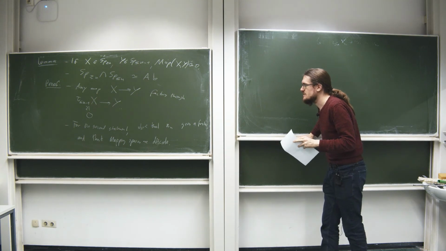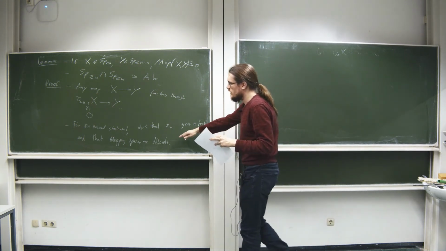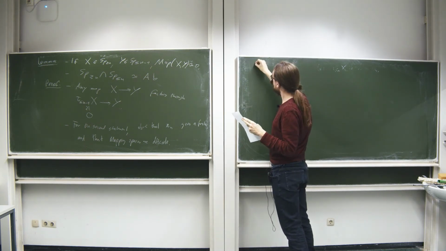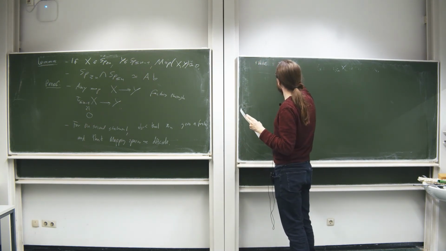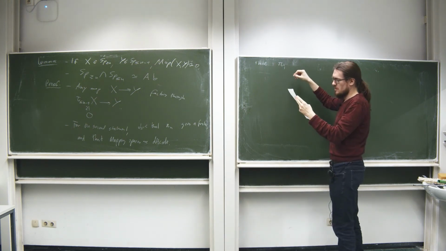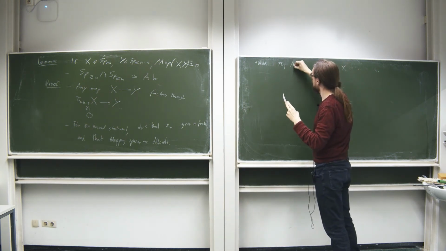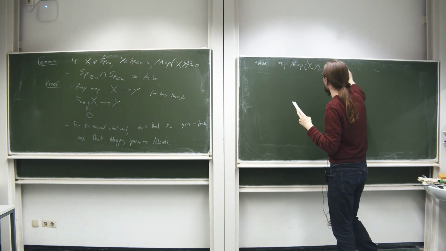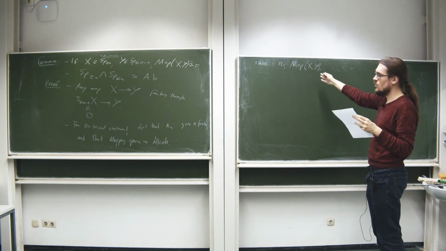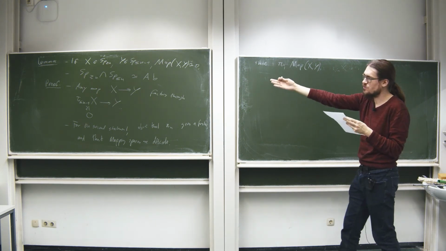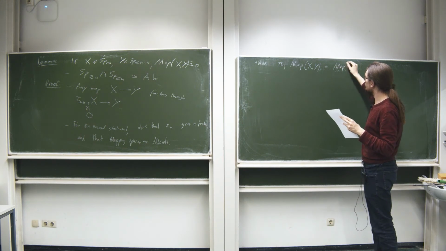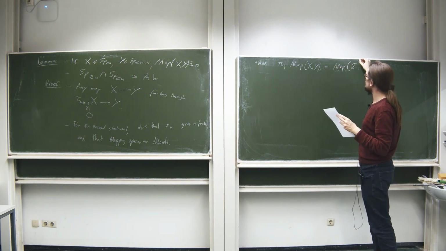So for example, one can see the latter statement from the fact that pi I of the mapping space from x to y, where x is n-connective and y is n-co-connective, or I guess both are both, we see that this is the same as maps from sigma I x to y.